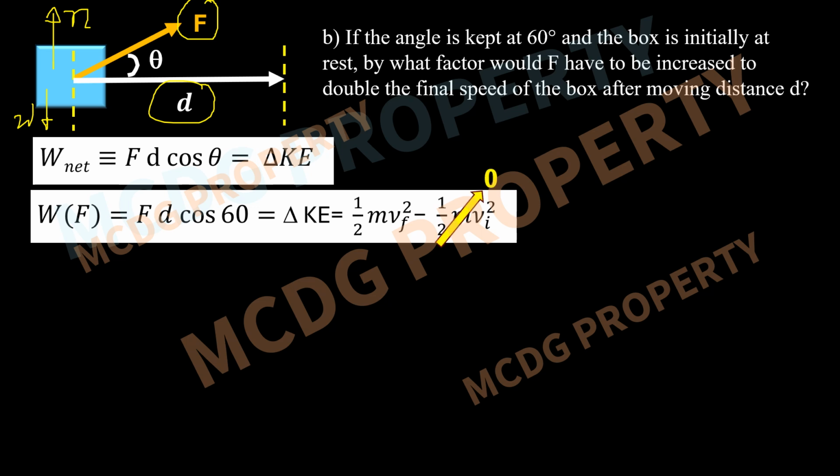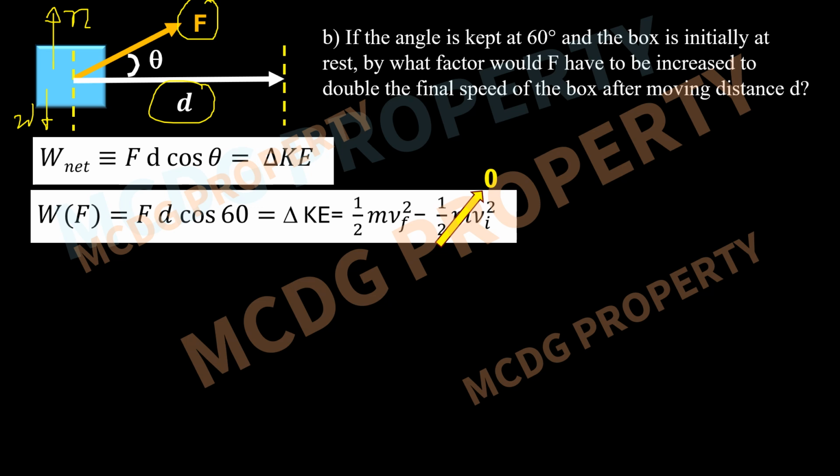Now, the initial kinetic energy is 0 because the box started from rest. Hence, the work done by the original force F is Fd cosine 60, and that is equal to 1/2 m vf squared.